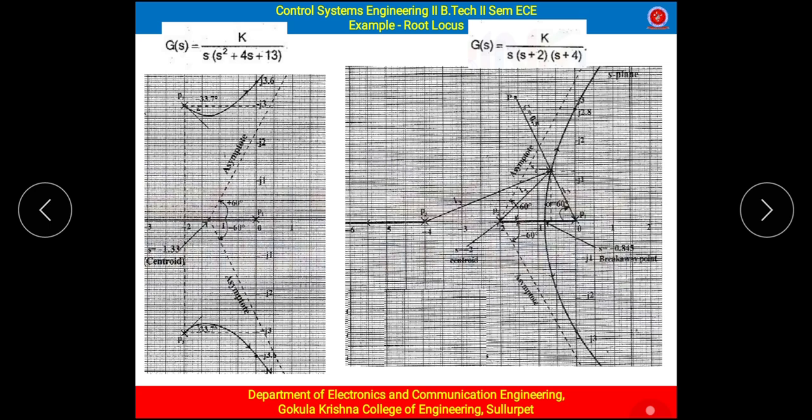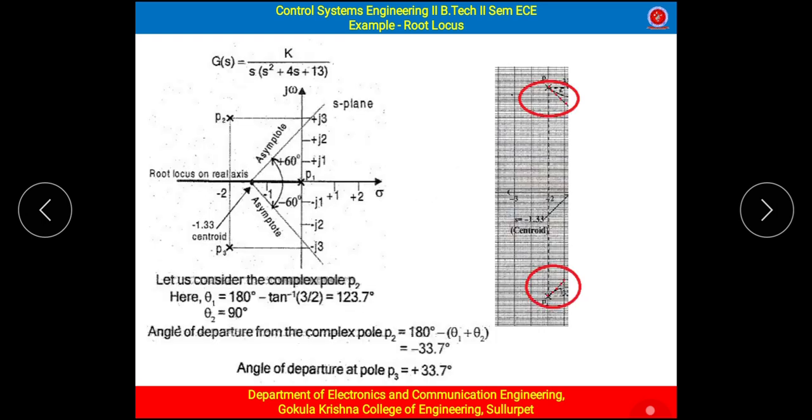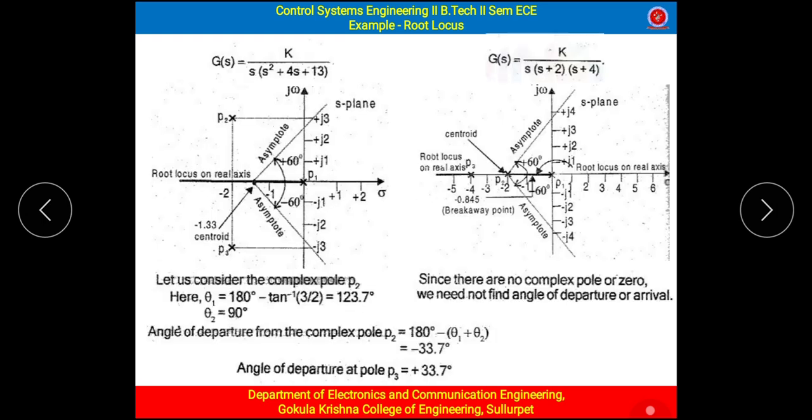And in the second example, this is the first branch, so it is completely one branch. The other branches start here: one branch is starting from here and another branch from here, and we have calculated the breakaway point, right?